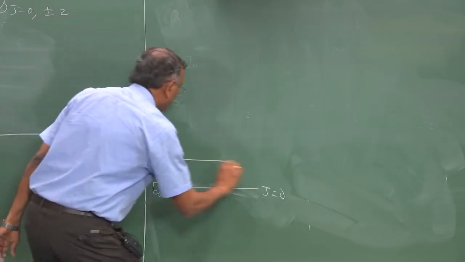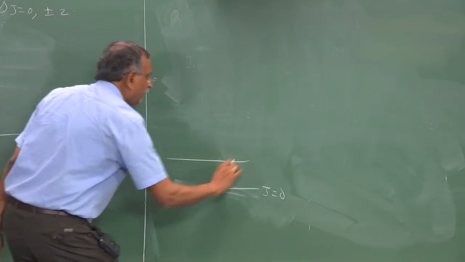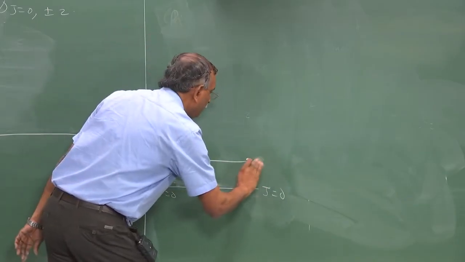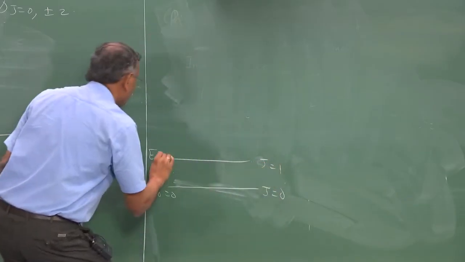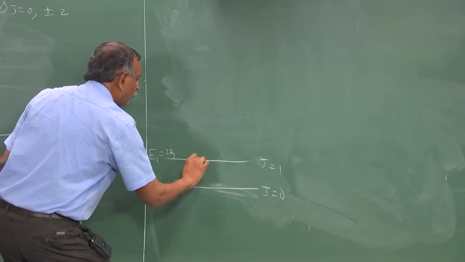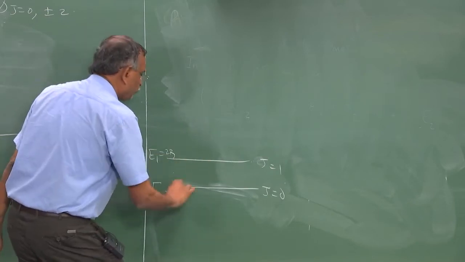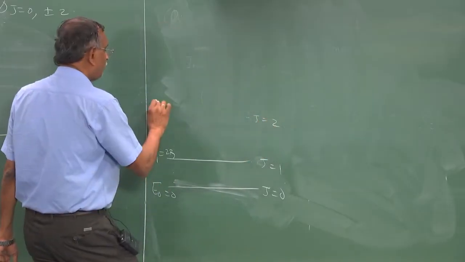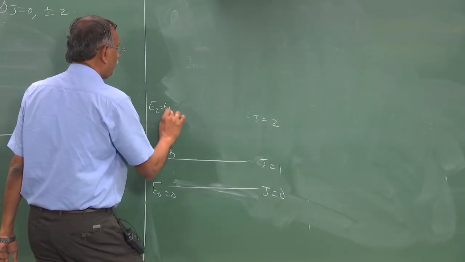The next one, E1, is BJ(J plus 1), and for J equal to 1 it is 2B. Therefore, the gap is 2B. But then for J equal to 2, E2 is 6B.